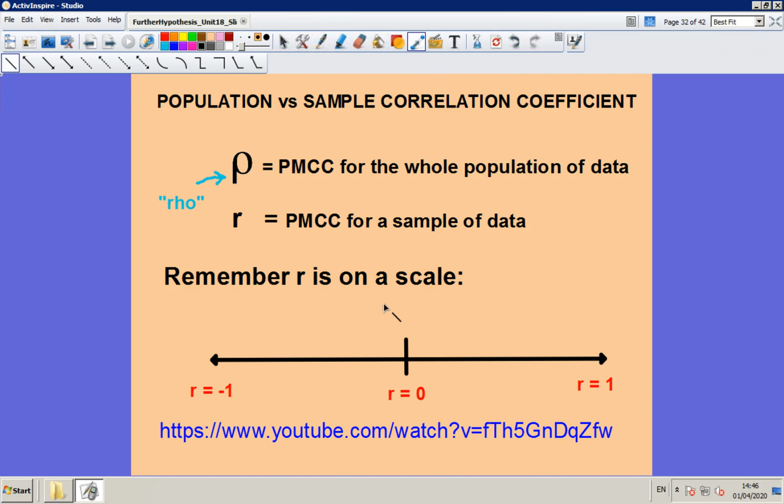And remember, R is on a scale from -1 up to 1, perfect negative correlation on a scale up to perfect positive correlation. And there's a nice video here which runs you through these two ideas and gives you some nice examples, so well worth checking out that link at the bottom there.